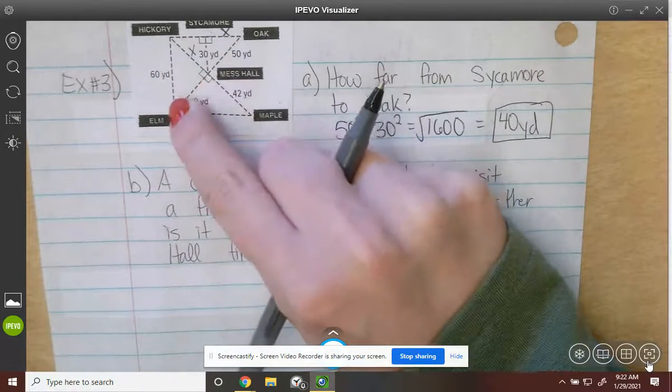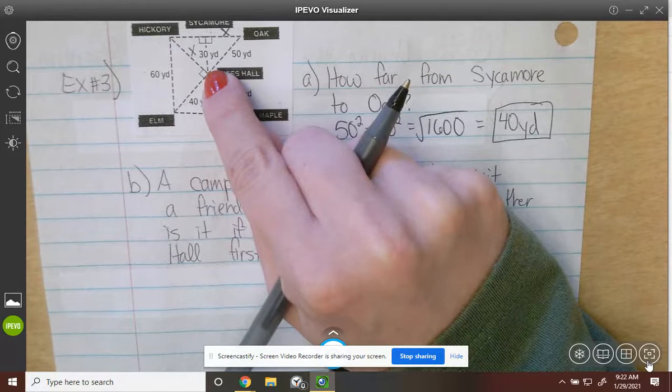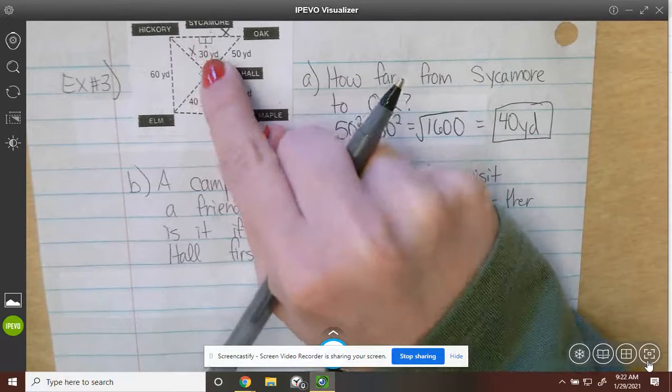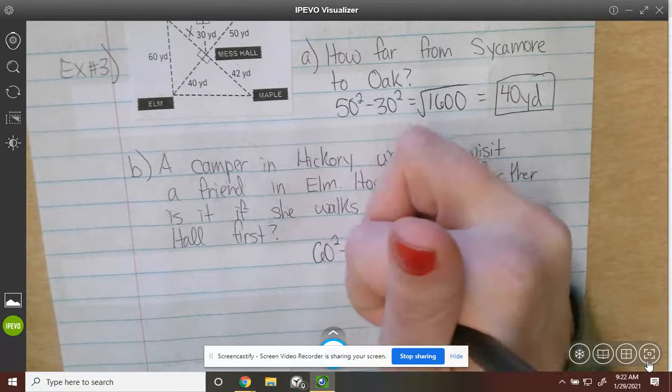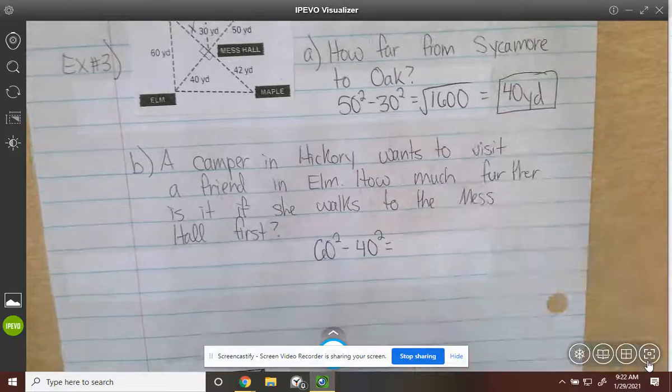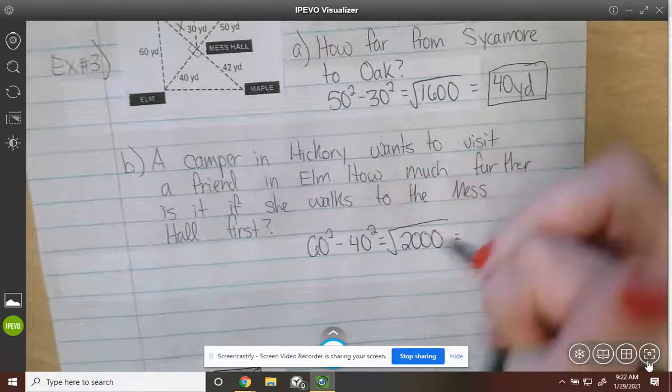So if you look at this right triangle, is that a leg or a hypotenuse? That is a leg. So I'm going to subtract again. So 60 squared minus 40 squared. And that gets me 2,000. And I square root that.